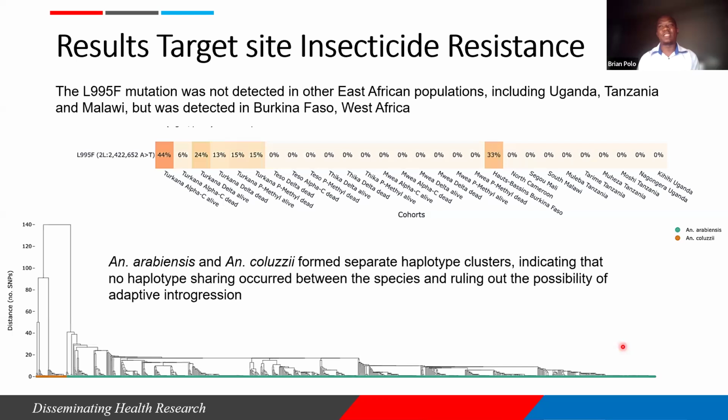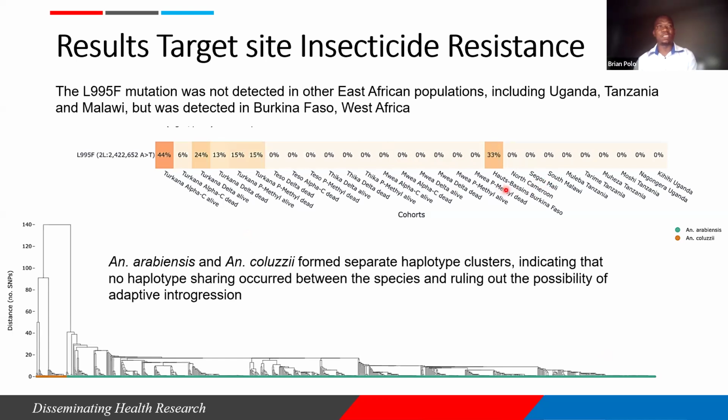The presence of the L995F mutation in Kenya was interesting, given that it's generally associated with West and Central African populations of Anopheles gambiae and Anopheles coluzzii. To understand where it originated from, we explored the Ag1000G phase 3 dataset, but the mutation, as we can see in the heat map, was not detected at all in East Africa.